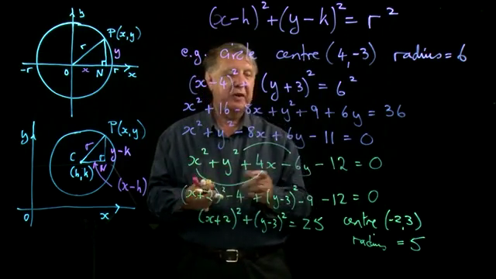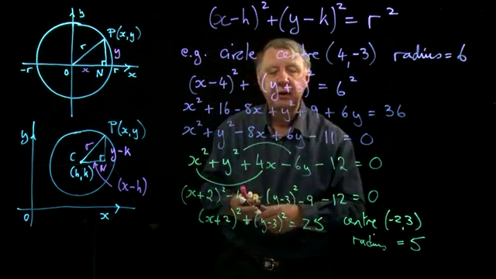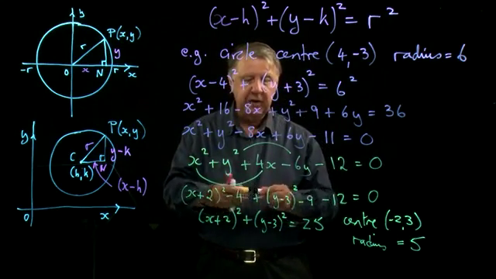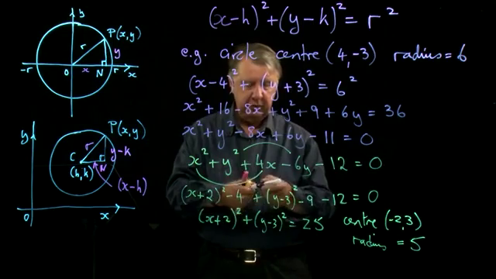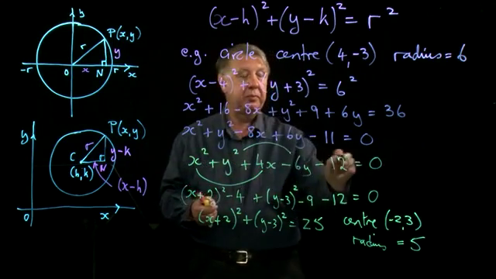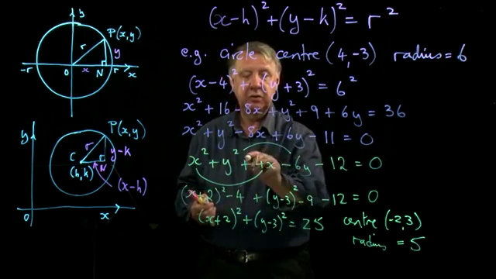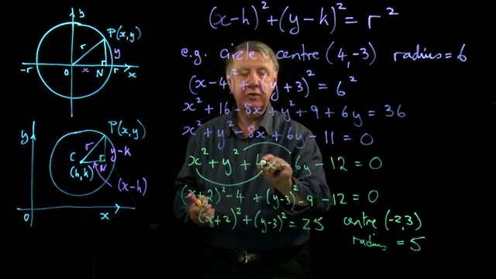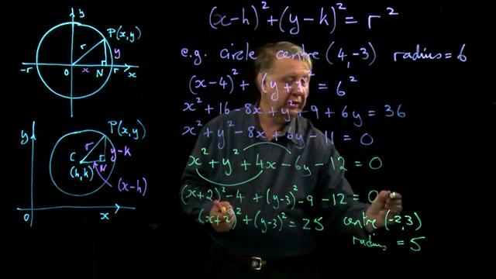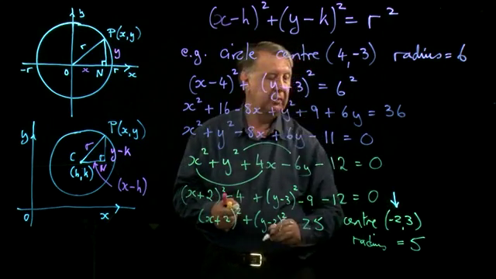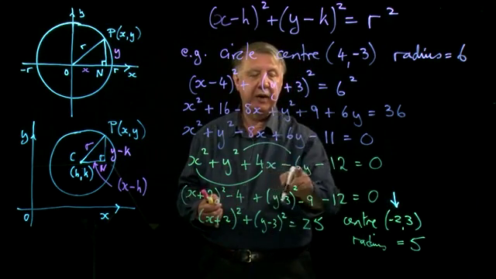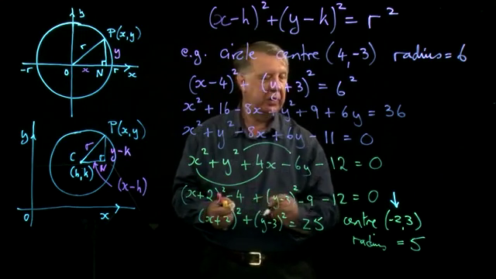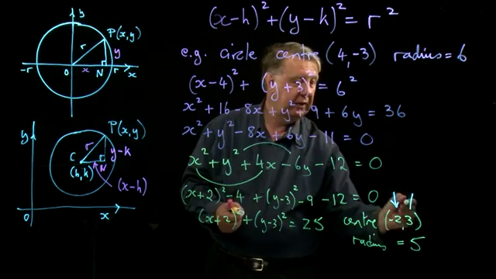But if you want to save yourself even more time, there's a nice little thing that we could do here, because if you look at this equation here, look at the x part. If you halve that number and change the sign, then straight away you get that. If you halve that number and change the sign, straight away you get that.